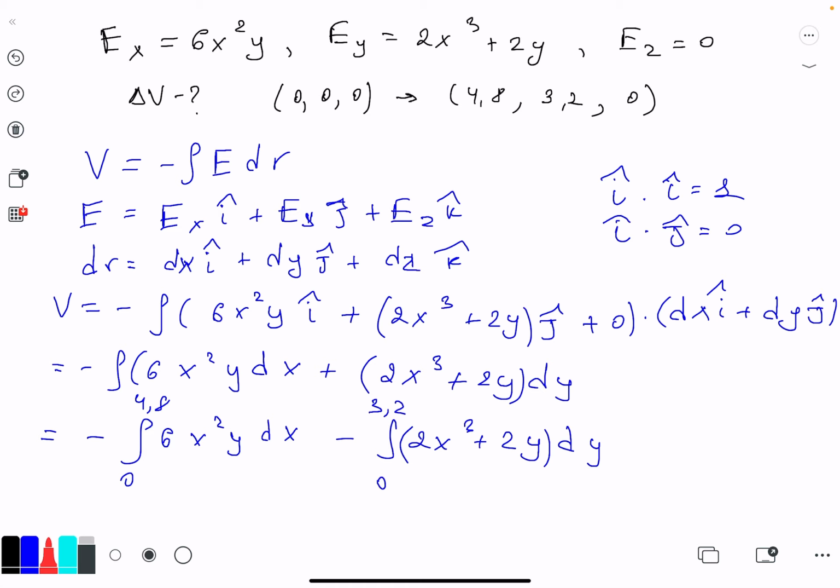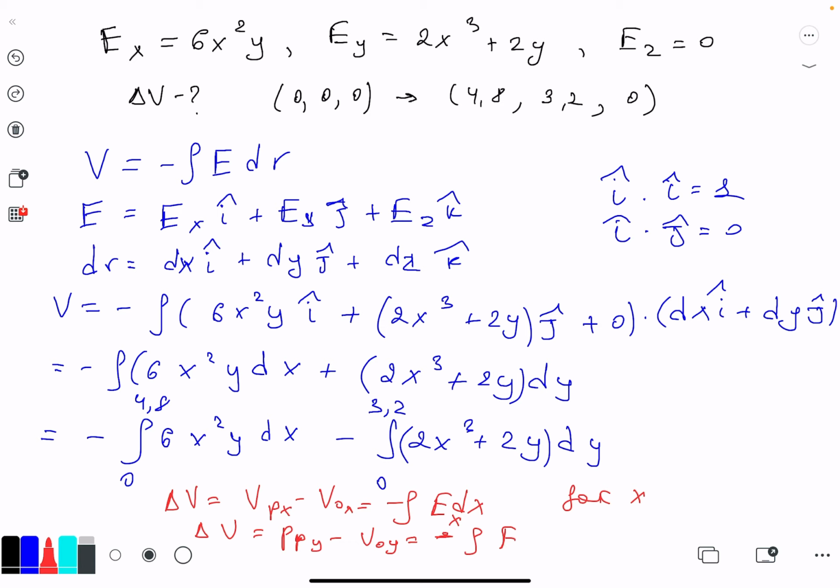The second way of solving is basically you solve it separately, each one, where you have a general formula, which is dV. dV means at any point P minus P0 is equal to the integral of E dx for the x, and you do the same for the y: VPy minus V0y is the integral of E dy.